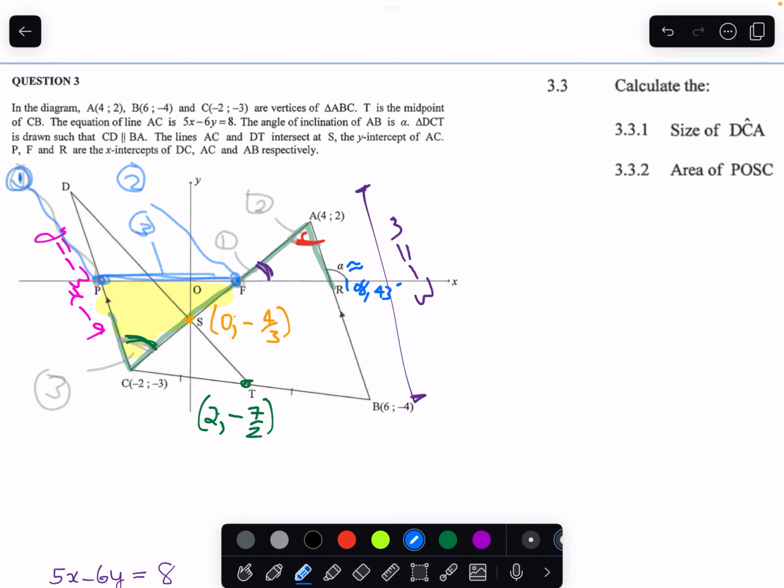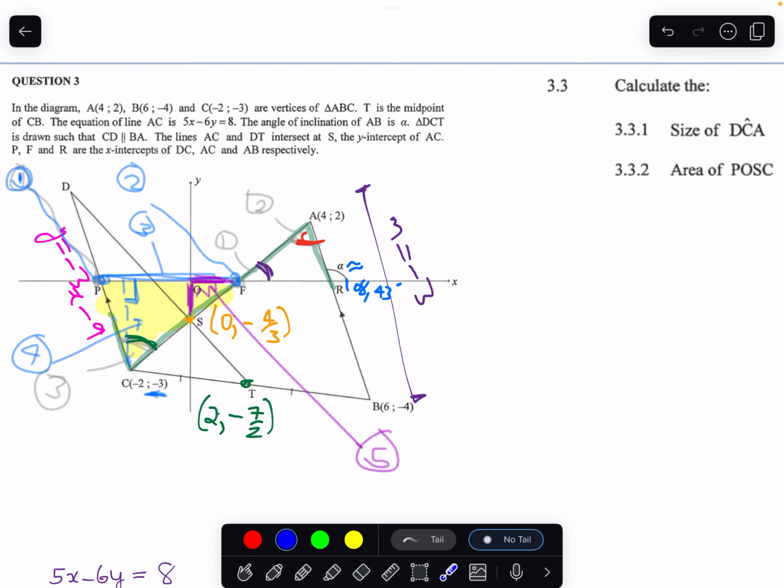Okay, then we know how long this is because of that y coordinate over there. So we are able to figure out the area of the yellow triangle as our step 4. Then, as our step 5, we would know how long this is, and then we can figure out the area of this little bit, and then we subtract this from this, and then we have POSC.